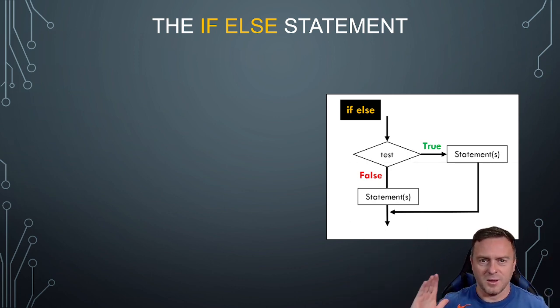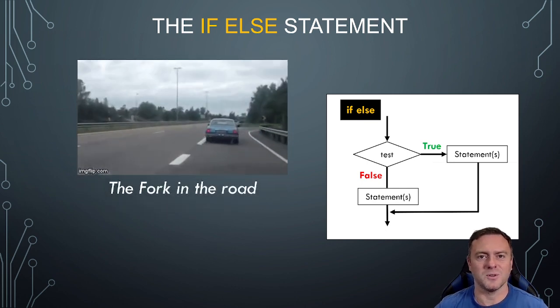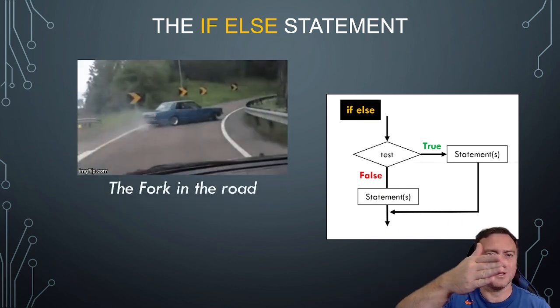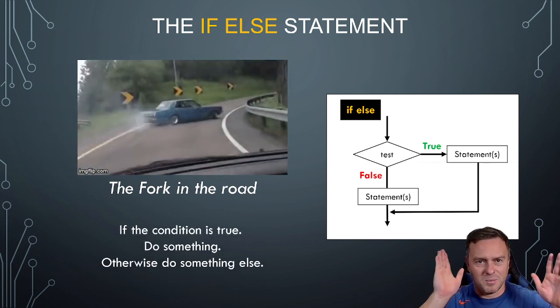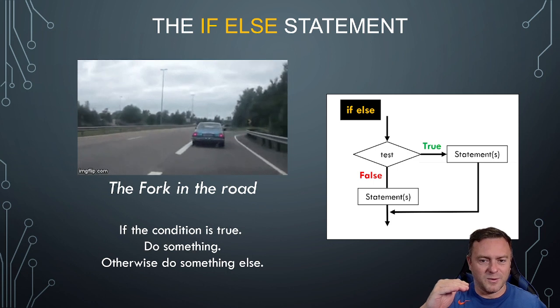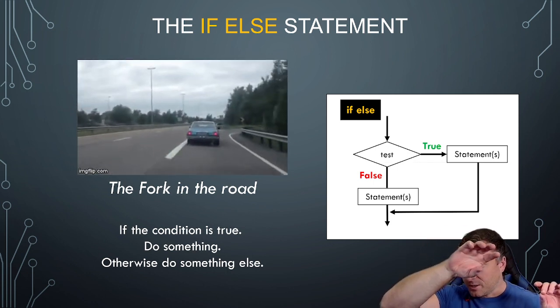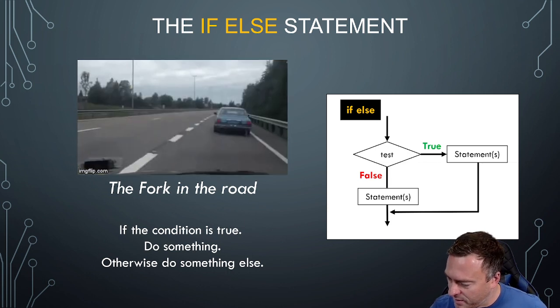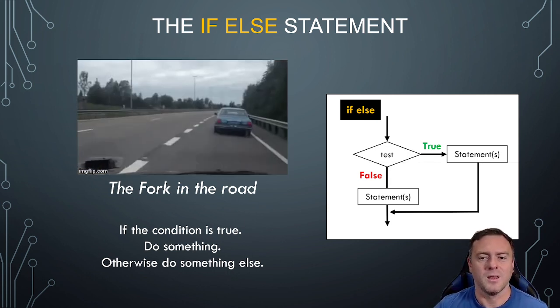It's like a separation in the road. So you're either going to go left or you're going to go right. And it's really important that you understand that the code in the false section doesn't get executed if the condition was true.